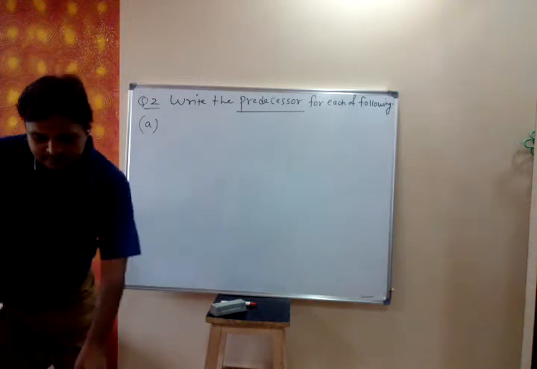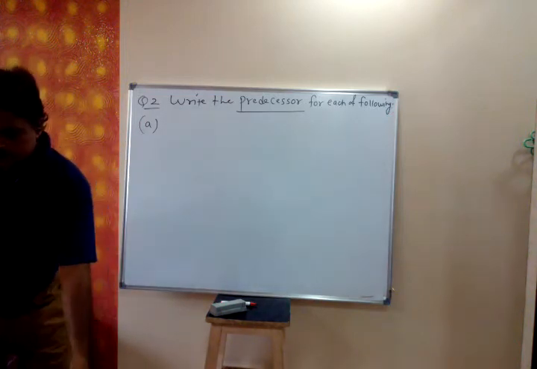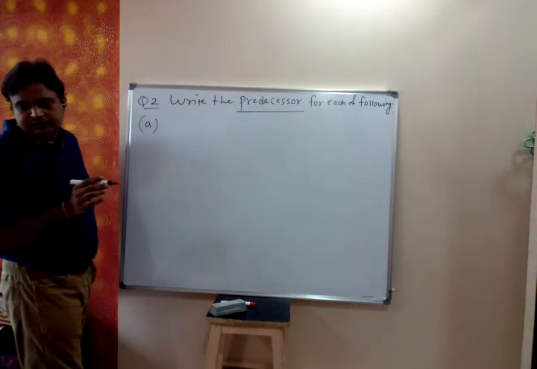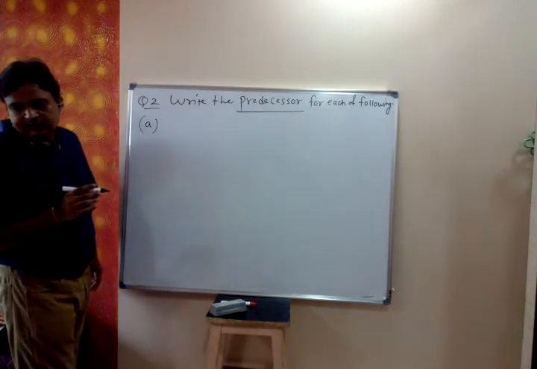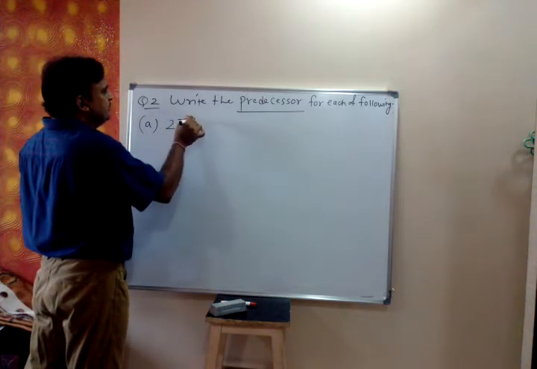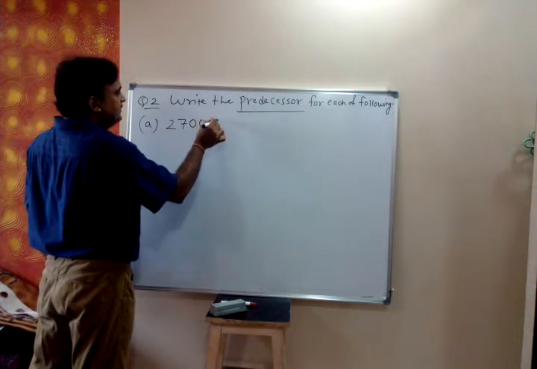Write the predecessor. First is 2,70,000. Find the predecessor.